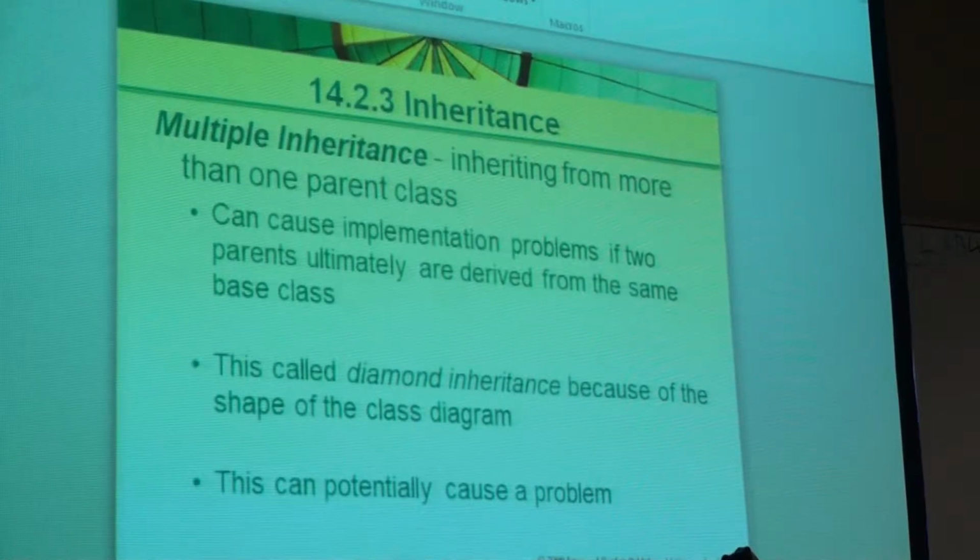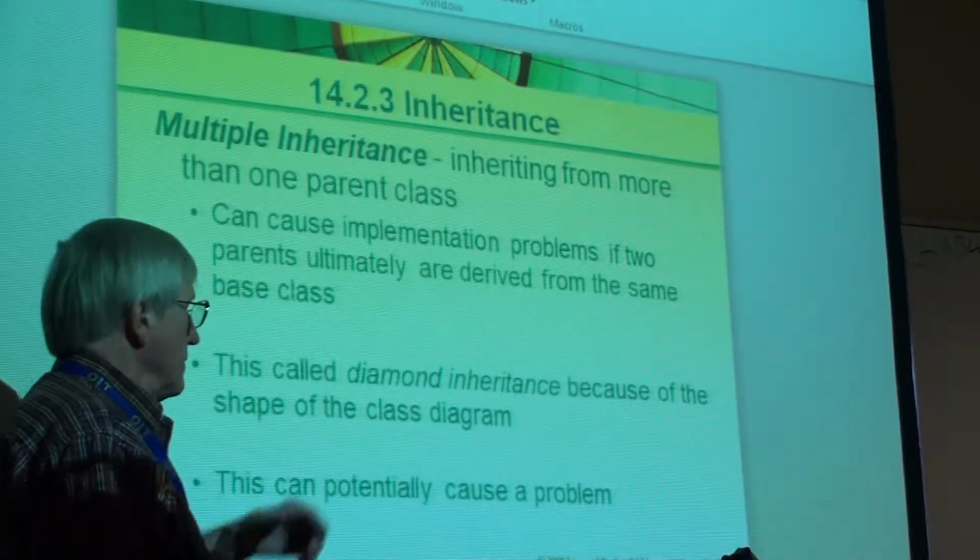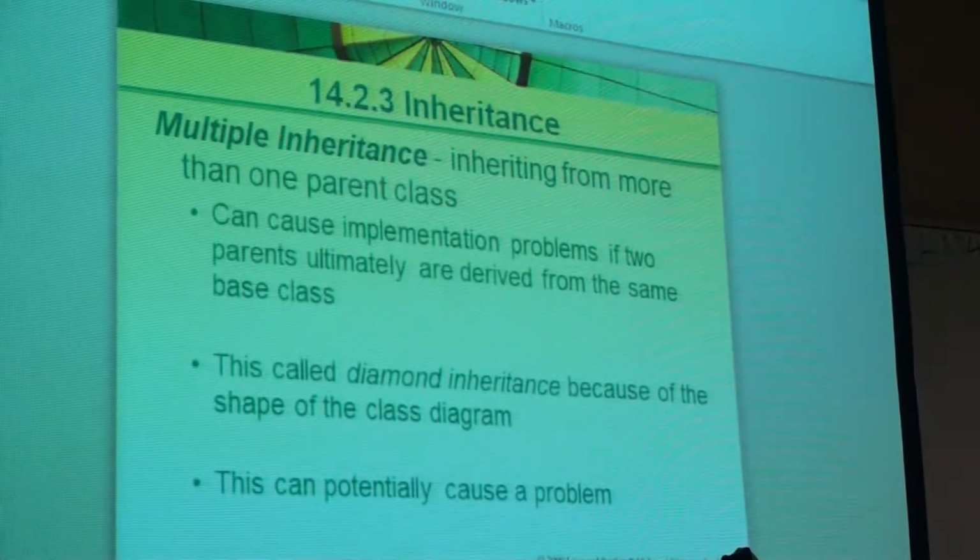I can inherit from more than one ancestor, more than one parent. But that gets us into some possible problems. We call it diamond inheritance, where if I'm sitting down here and I take from these two classes, and those two classes had the same parent, now all of a sudden at some point I've got a problem.